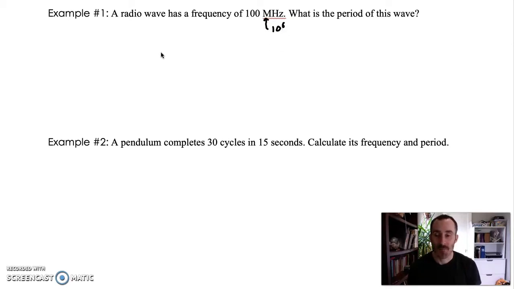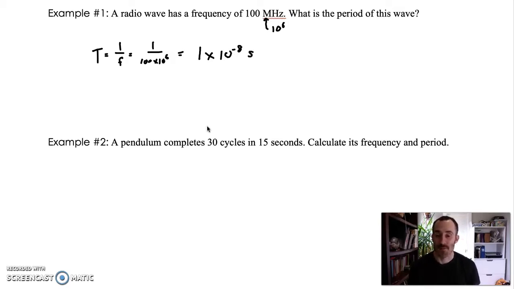Okay, so when we're figuring out the period, it's 1 over the frequency, which is 1 over 100 times 10 to the 6. And 1 over 100 times 10 to the 6 is 1 times 10 to the negative 8. 1 times 10 to the negative 8 seconds.